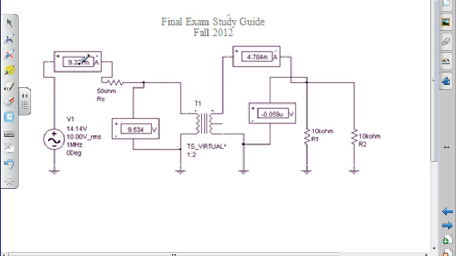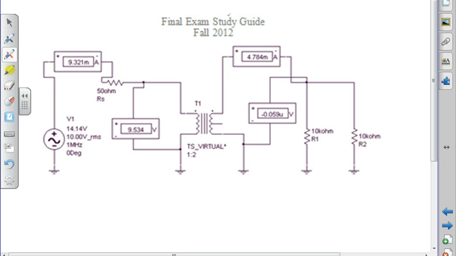All right, so I got a 2-to-1 ratio. I see that I have the right amps flowing on both sides of the circuit. I have the right amps, but I have wrong voltages. How is that possible? How can the transformer be showing the right current and the wrong voltage?